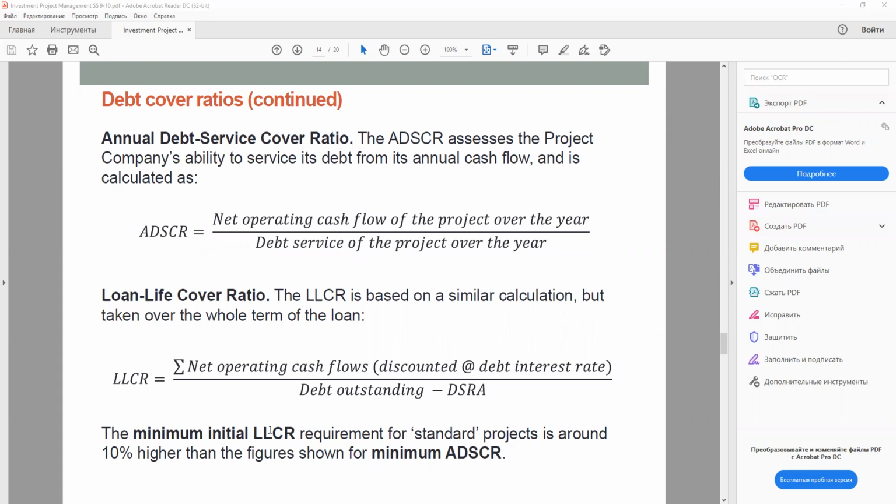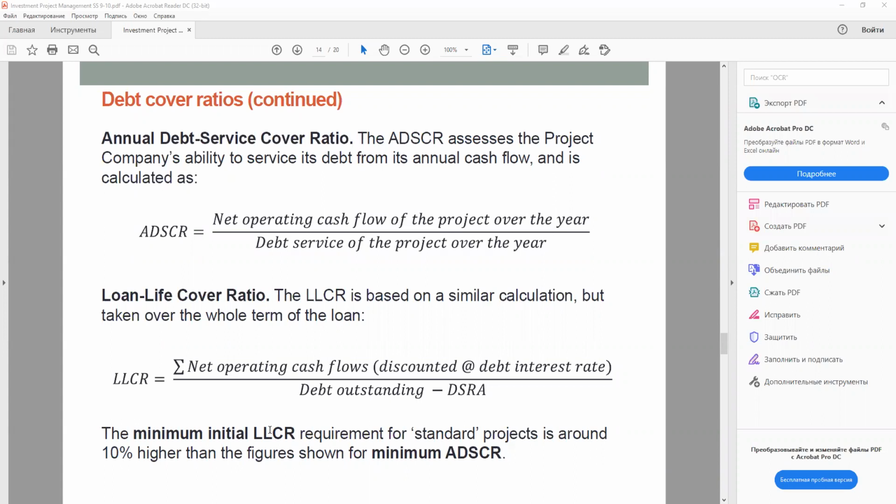It may be argued that free cash balances, that is, not in any reserve accounts, should either be deducted from the debt in the LLCR calculation or added to the NPV of cash flows. But if these balances are intended to be used for distributions, it is doubtful whether they should be counted in. So there are a lot of separate special reserve accounts that are also associated with the project.